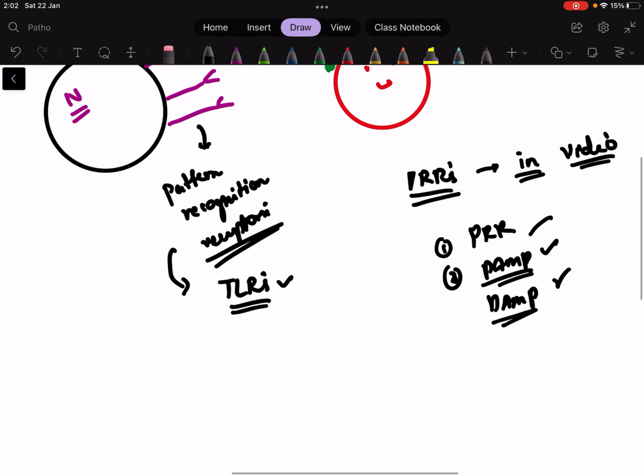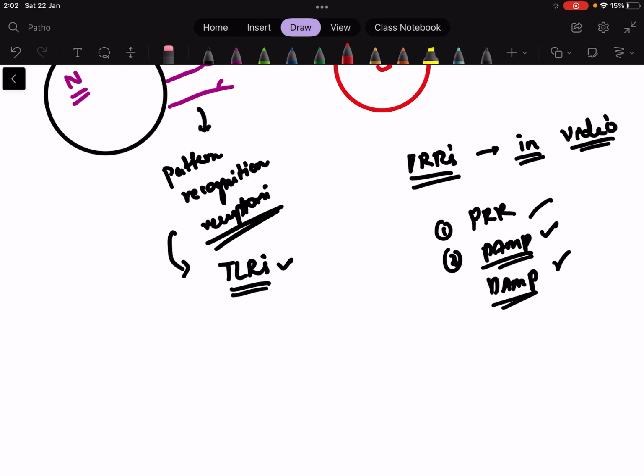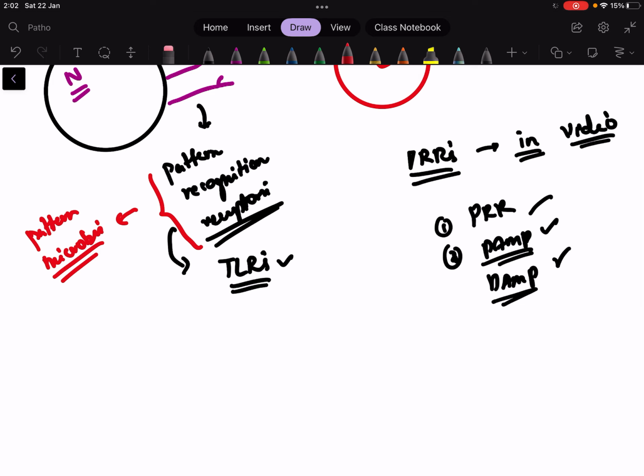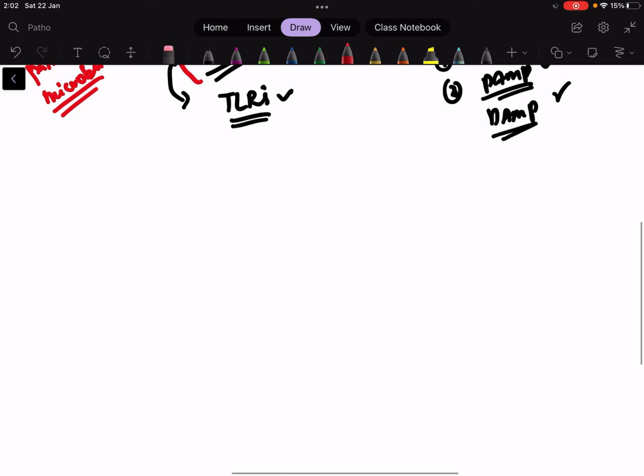So as you can see here, the neutrophil has certain types of pattern recognition receptors which help to identify the patterns present on microbes, and one such type are your toll-like receptors.